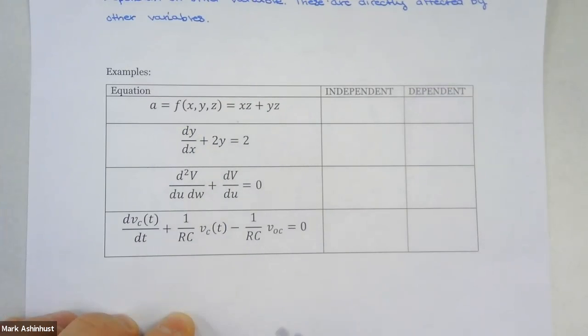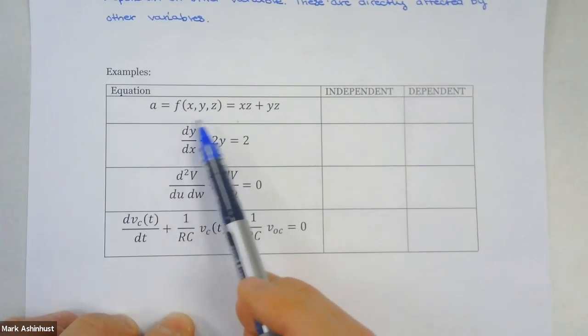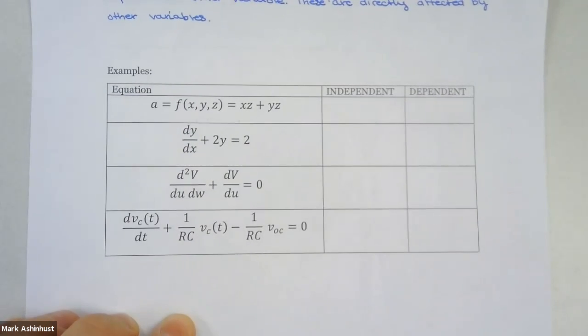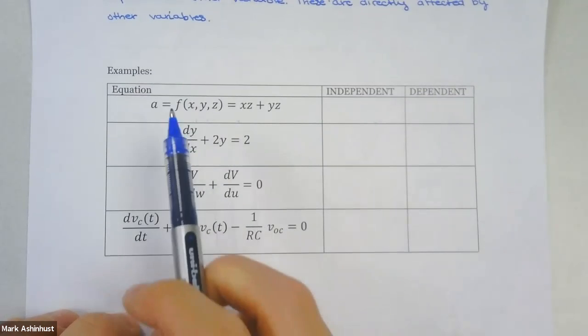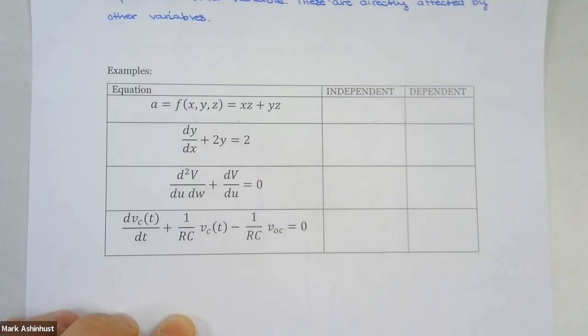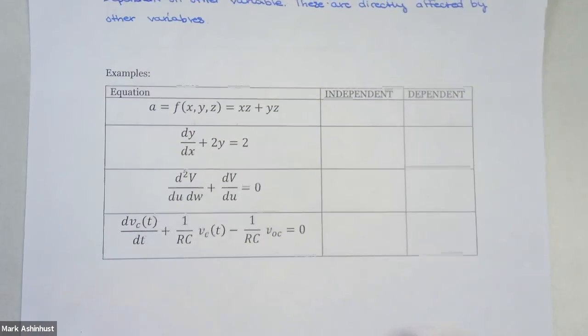No, you're choosing the variables in this equation that are independent and then choose the variables that are dependent. So for this equation, and we can do the first one or two, you'll have your independent variables from here and your dependent variables as well.